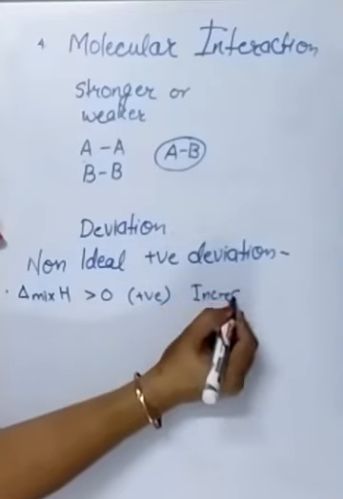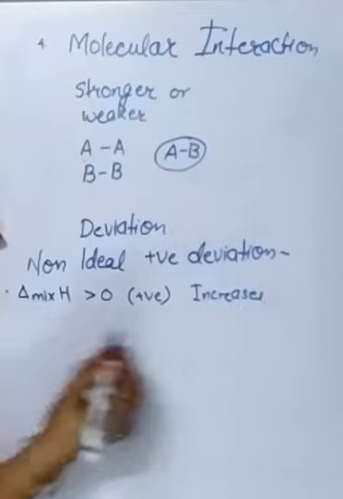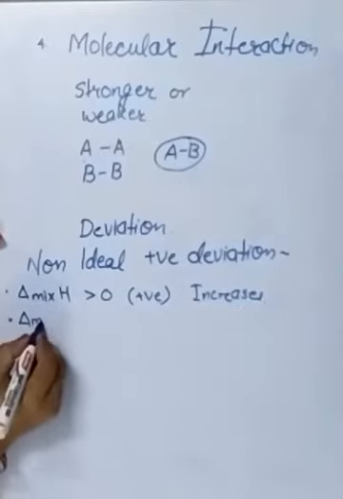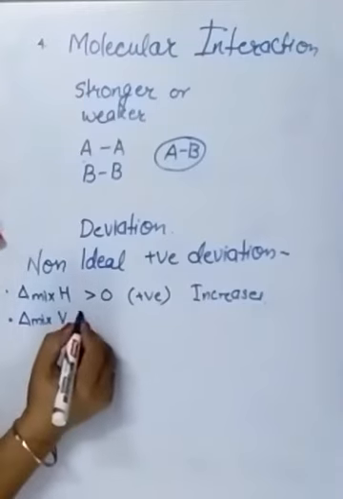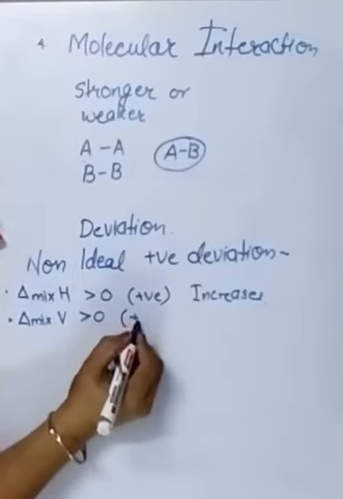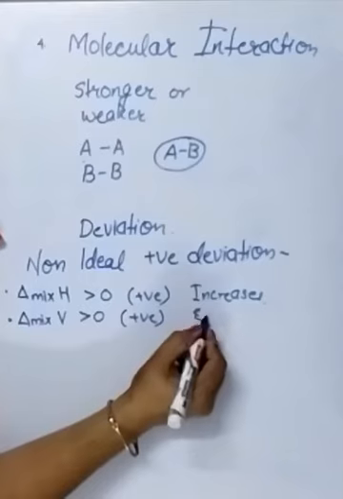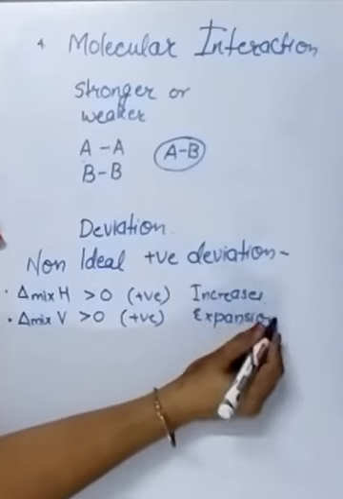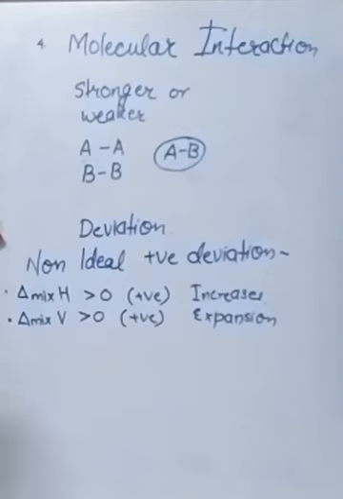Enthalpy increases after mixing the two components. Del mixing V, volume, is more than 0, that is positive. Expansion of liquid takes place when two components are mixed, the volume increases.